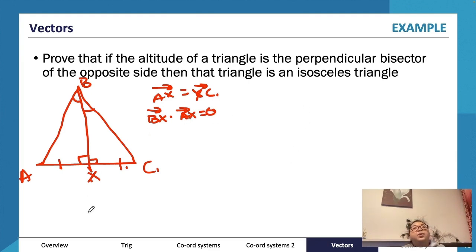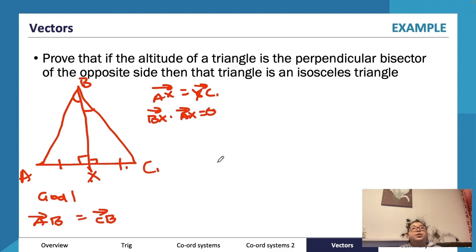We need to use that to prove that these 2 sides are the same. So our goal is to prove that AB will equal CB.